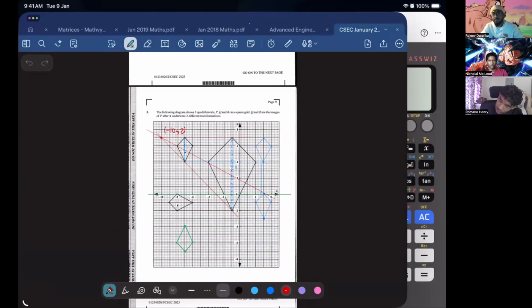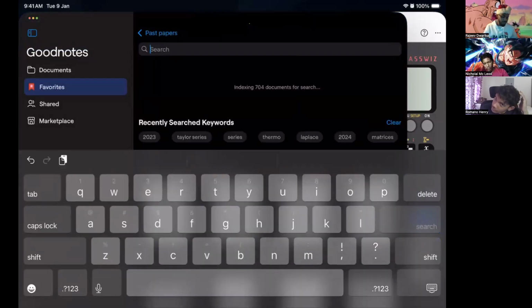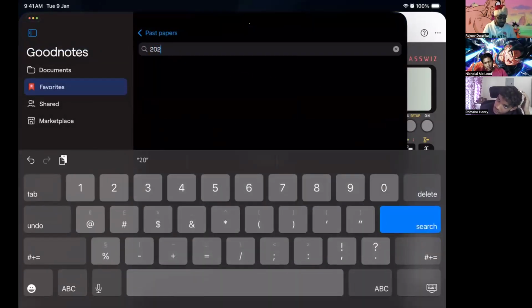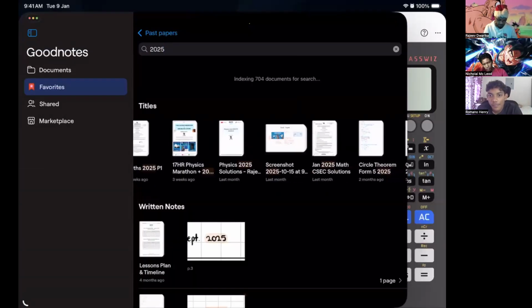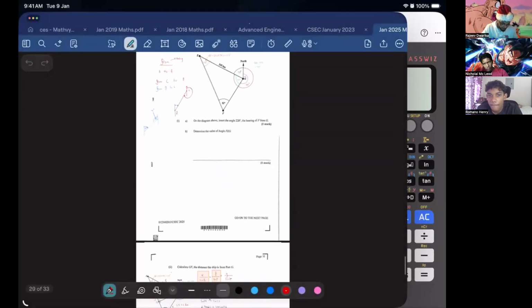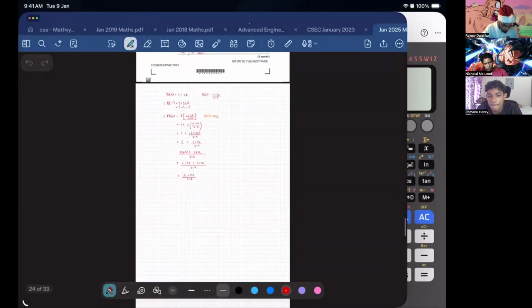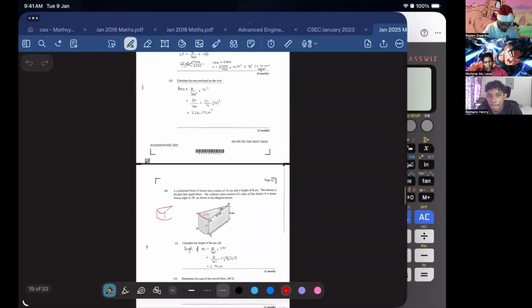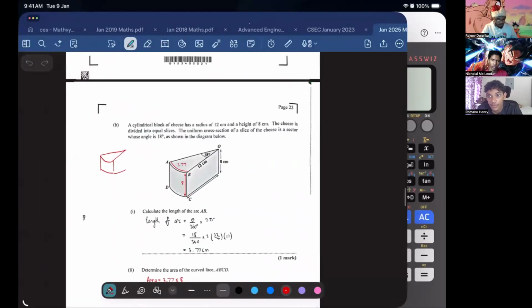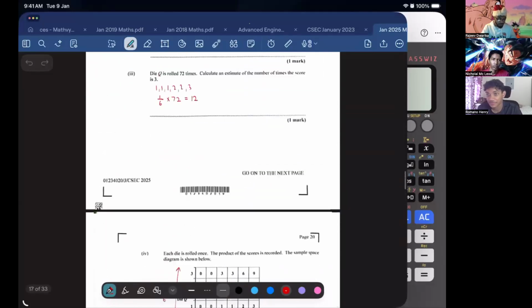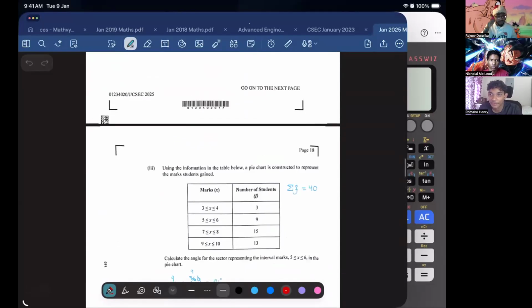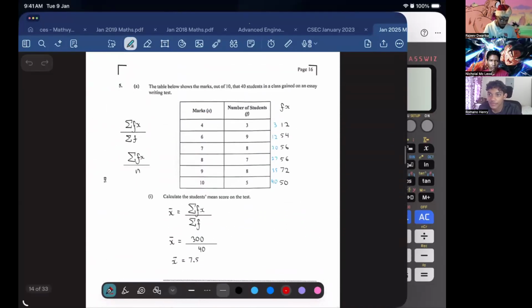In my previous class, I did January 2025 with them, and January 2025 was a lot harder. It was not a walk in the park. So if you could do January 2025 with complete confidence, you'd have done really well in June 2025.